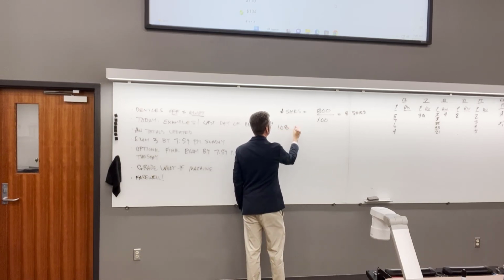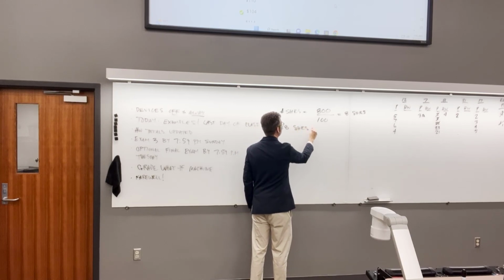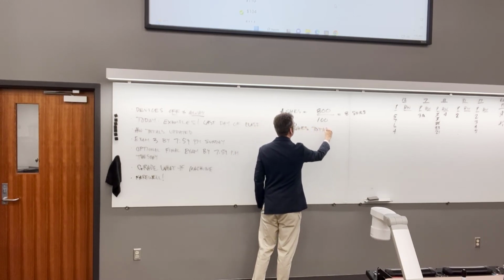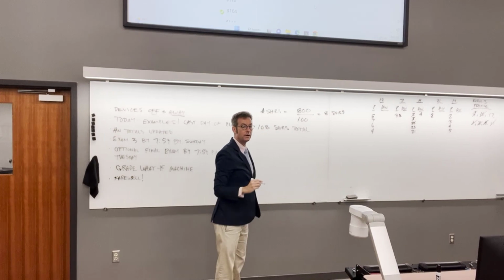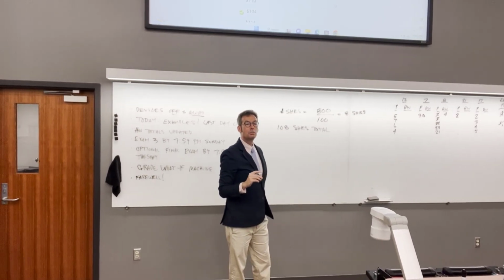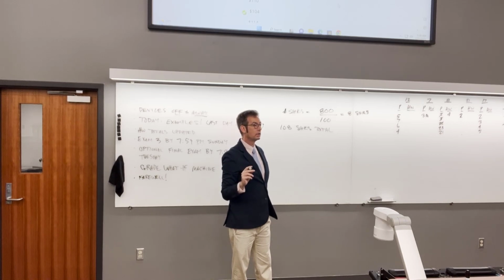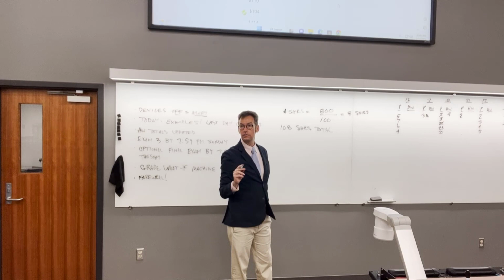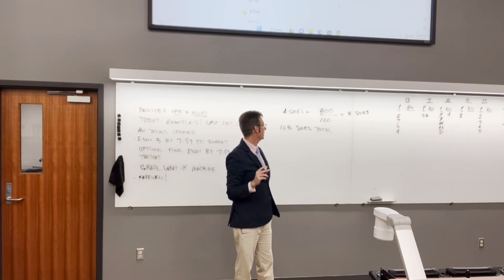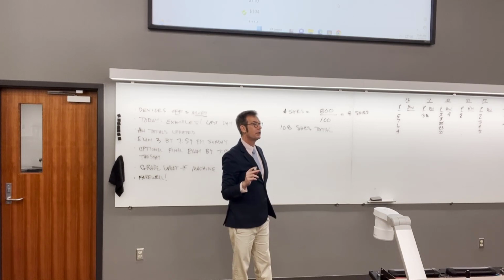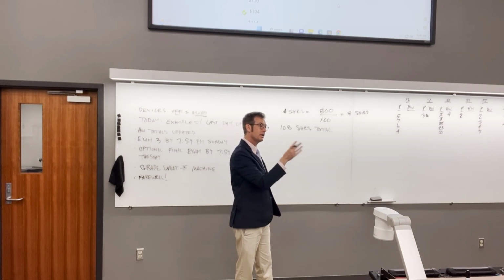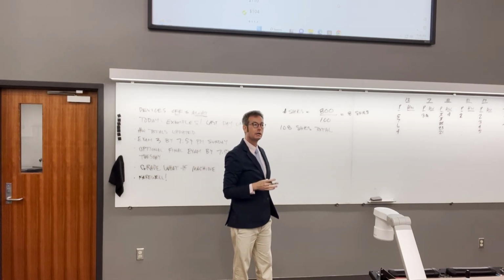Let's go ahead and write that down. And if I wanted to find out the per share price now, what would I do? Divide? Very good. What am I going to divide? I don't know. You don't know. You've got the right instinct. I'm going to write it down.